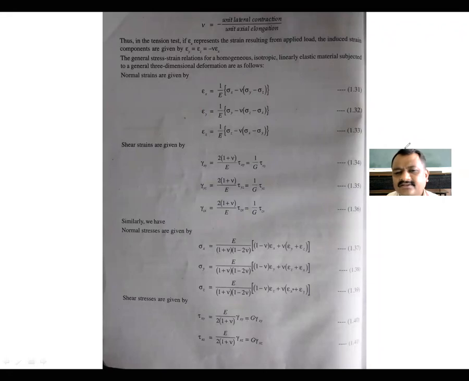Similarly, I can write for shear strains using shear stresses. What is shear stress to shear strain given by, anybody? Ratio of shear stress to shear strain is rigidity modulus, or modulus of rigidity. Poisson's ratio nu is given by the ratio of lateral strain to longitudinal strain. Lateral strain to longitudinal strain is known as Poisson's ratio.